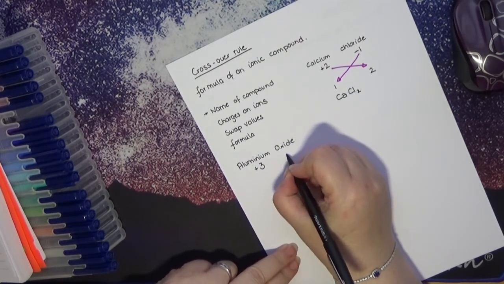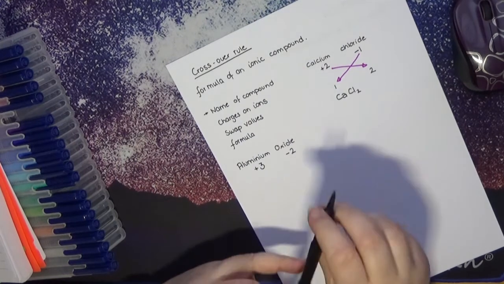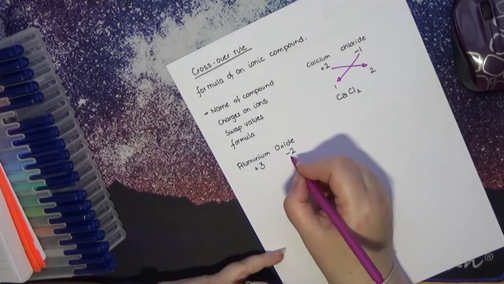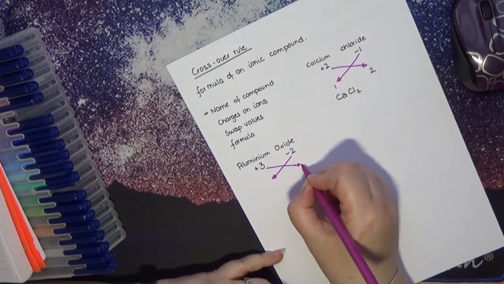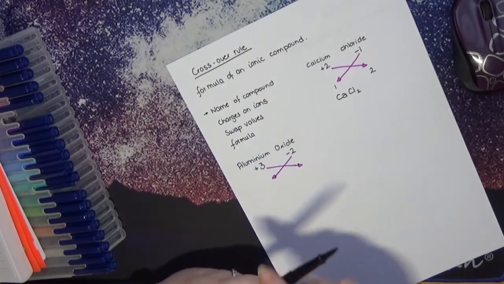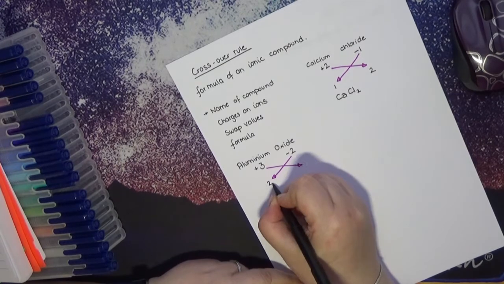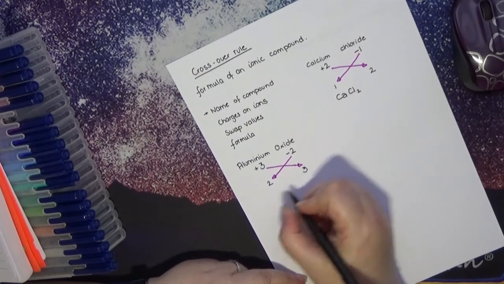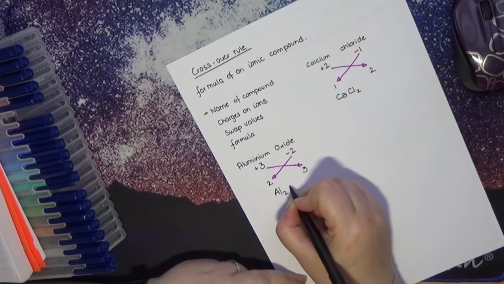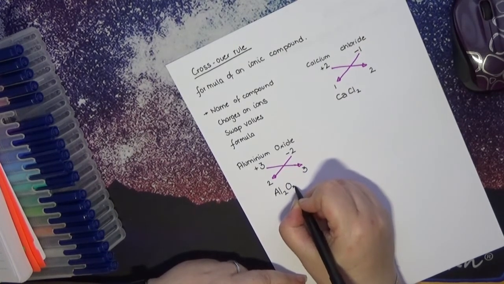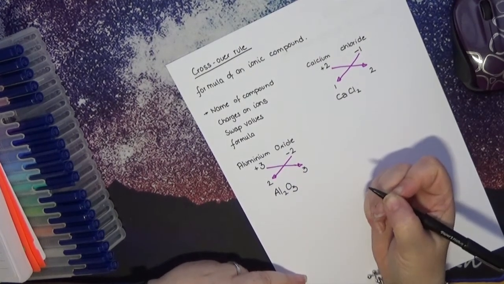Oxygen, group 6, charge of -2. So again, we swap over the values. 2 goes that way, 3 goes that way. That gives us 2 and 3. So I get Al2O3. Why is it this way round?